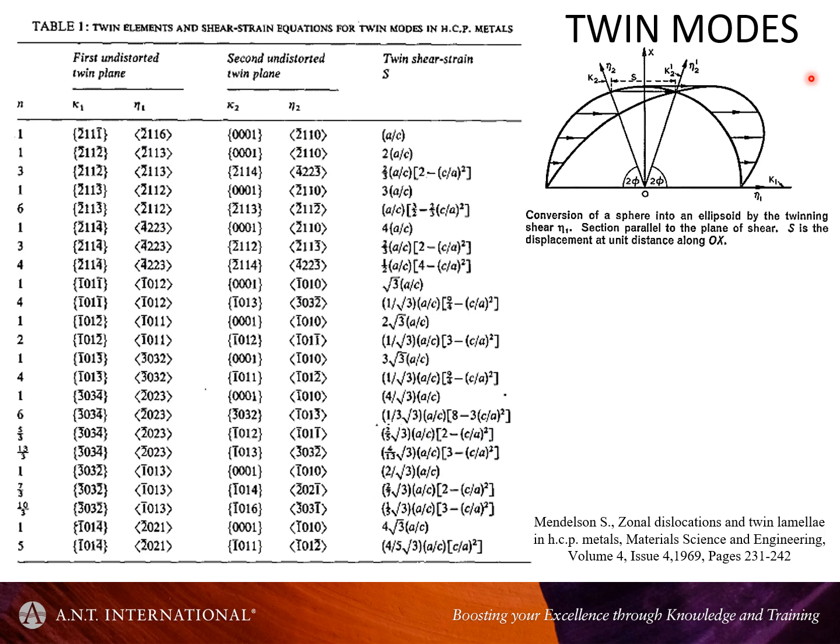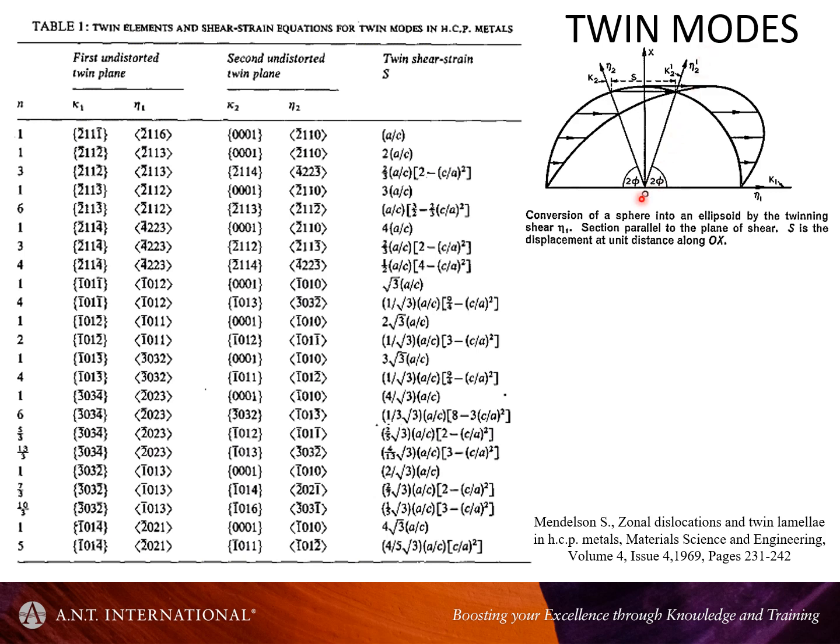But for now, I'm going to assume you've seen the presentation, so you know what I mean when you have the second undistorted plane. The first undistorted plane is the shear plane, but there is always a plane which is inclined to that, which when you make the shear of a partial on each successive plane of these planes, you end up bringing at least one plane into registry.